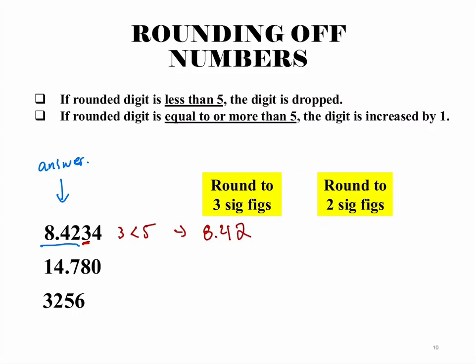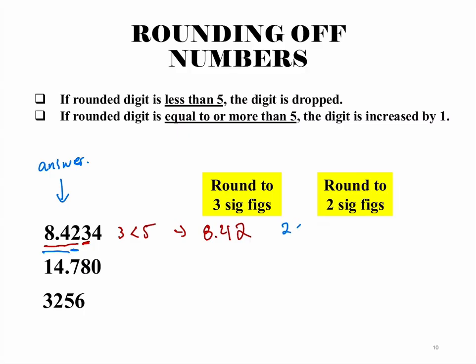And what about, actually I'll change the color here to red. If we have 2 significant figures, and we just include 2 digits, so you have 8.4, we look at 2. Is that going to be less than, equal to, or greater than 5? Less than, right?